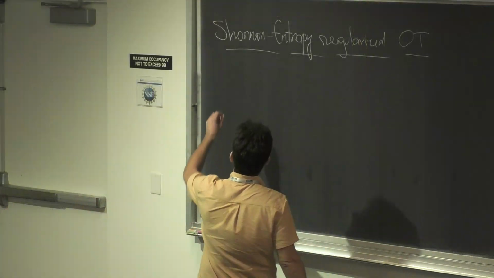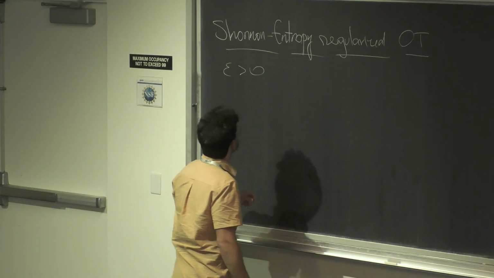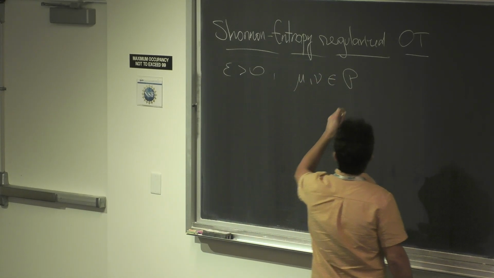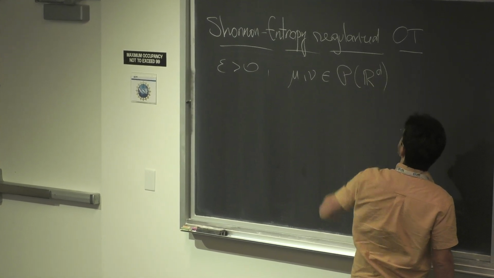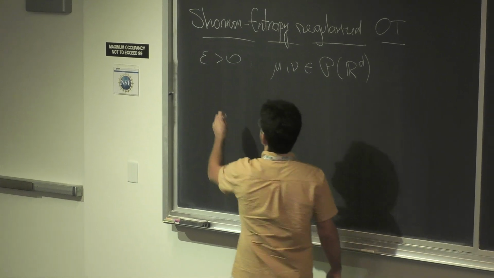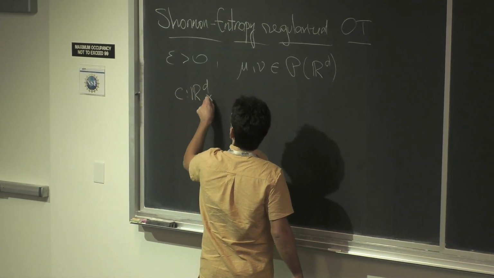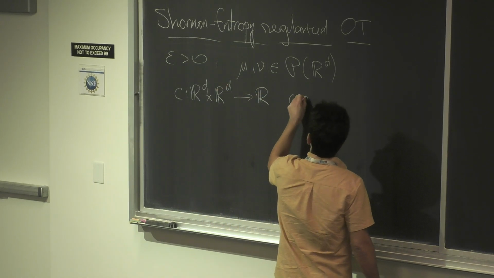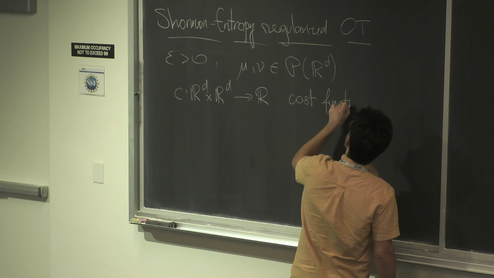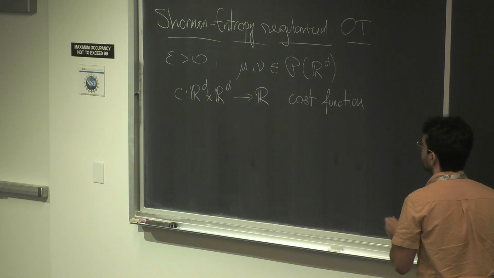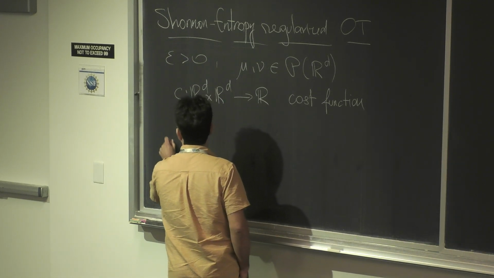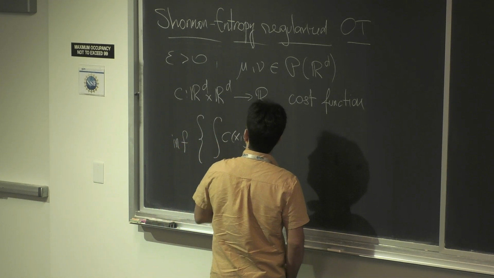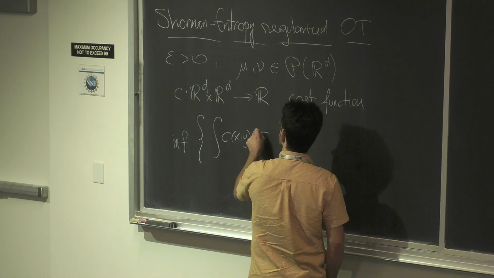So let me see what I'm gonna do. I have epsilon bigger than 0, so this is a parameter. I have mu and nu, probability distributions or probability measures in R^d. C is gonna be my cost function. And the problem that I'm interested in, I wanna take the infimum of the integral of the cost that Dario showed in his lecture.